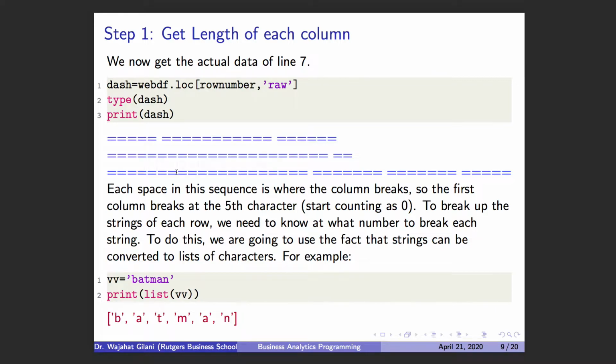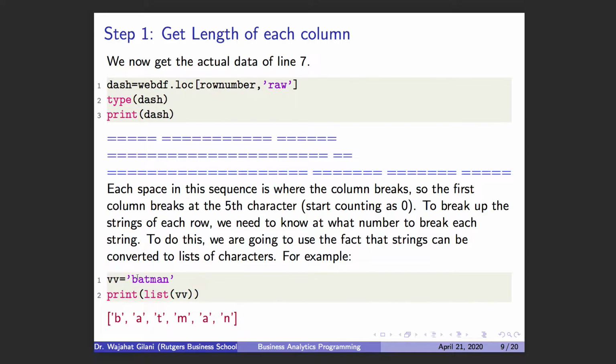We are going to explicitly convert dash into a list of characters, so each equal will be a separate value in the list, and each blank or empty space will be a character in the list.